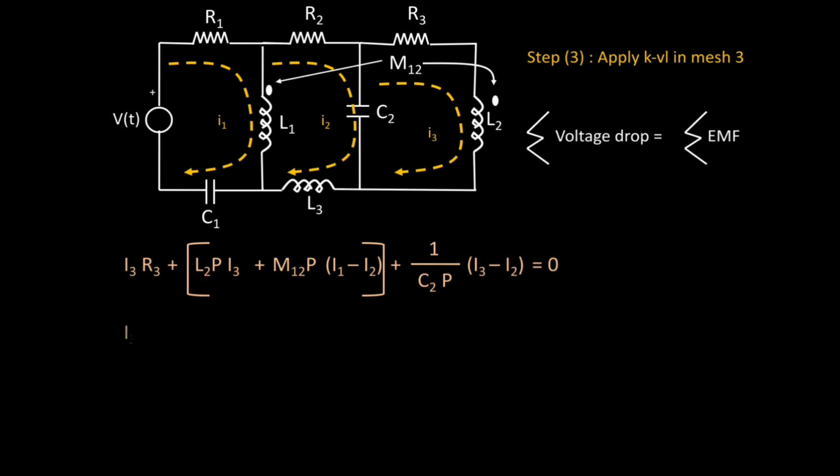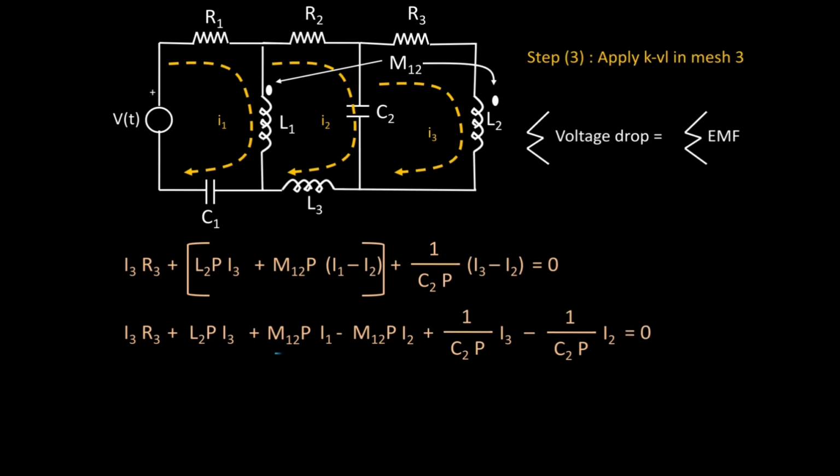Now we will just solve the bracket. So we are having I3 R3 plus L2P I3 plus M12P I1 minus M12P I2 plus 1 upon C2P I3 minus 1 upon C2P I2 is equal to 0.